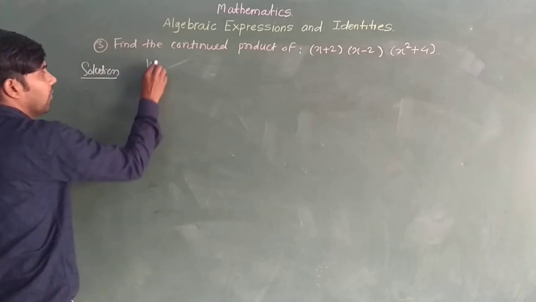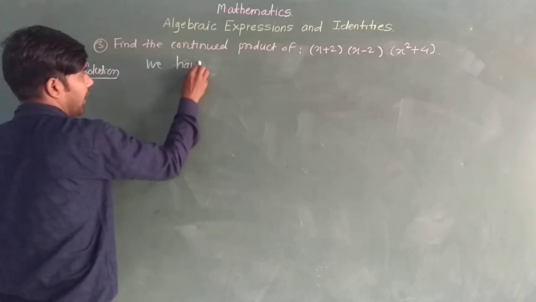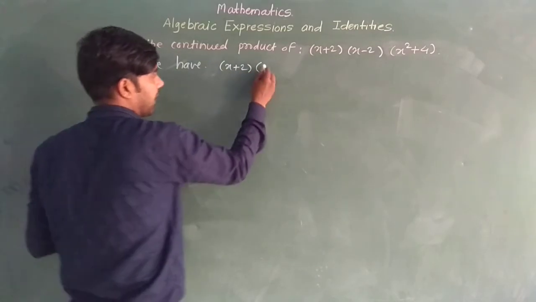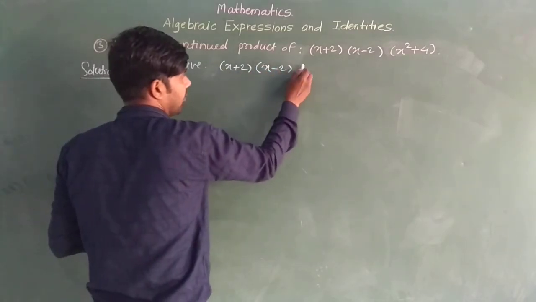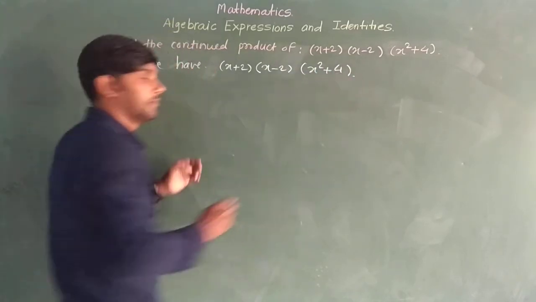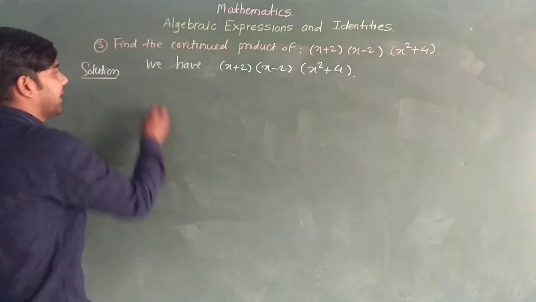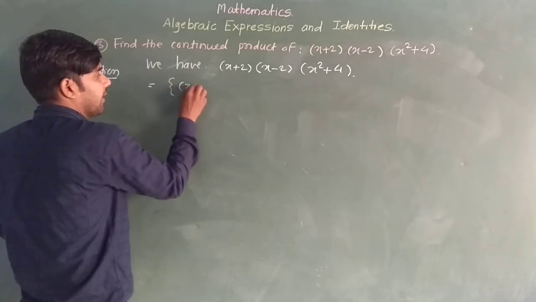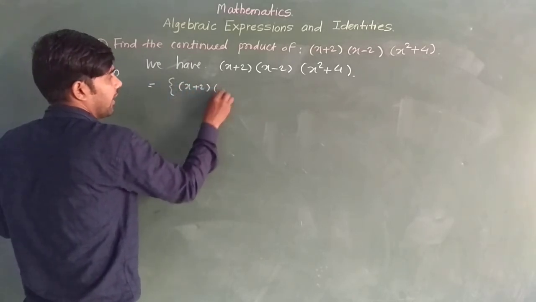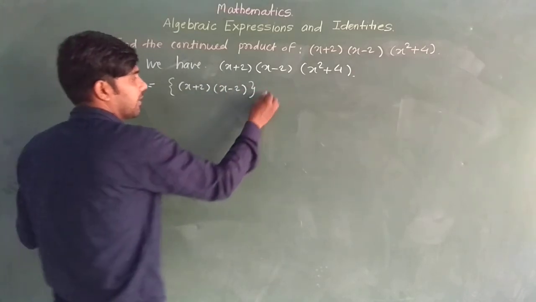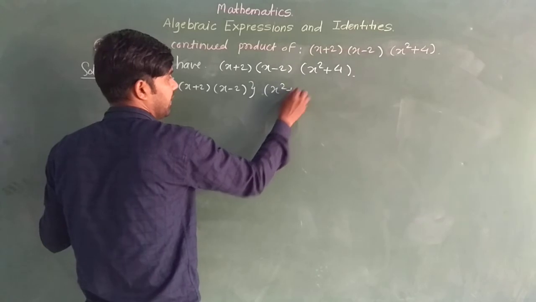Okay, we have x plus 2, another bracket x minus 2, and a third bracket x square plus 4. We put a curly bracket, we write x plus 2 and x minus 2, and outside the bracket we write x square plus 4.